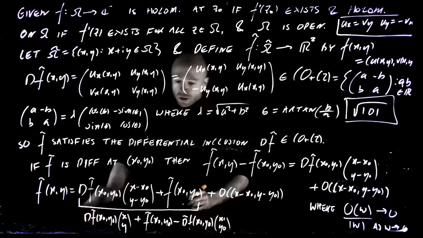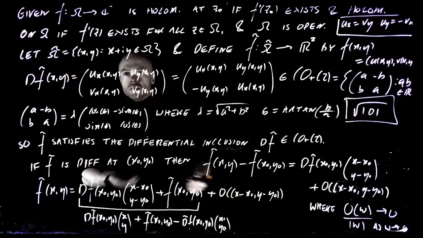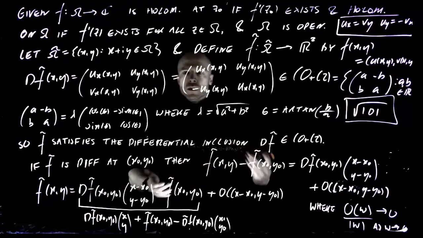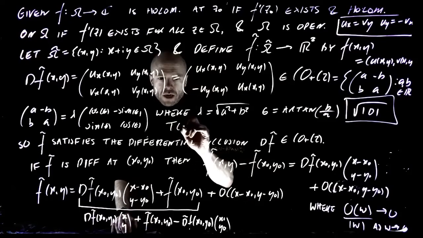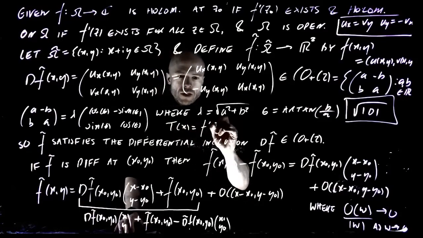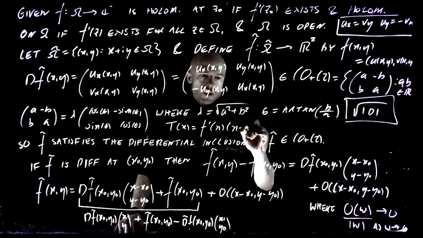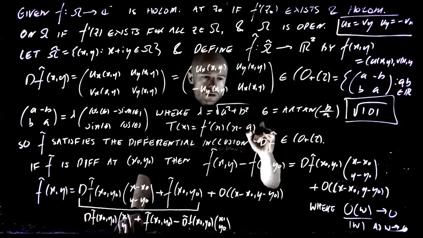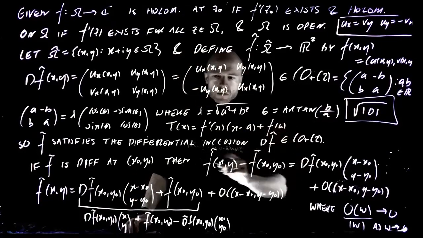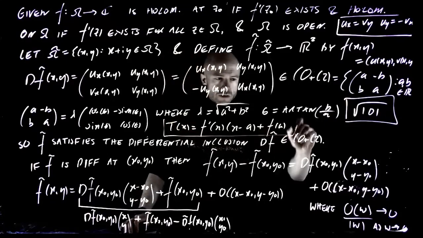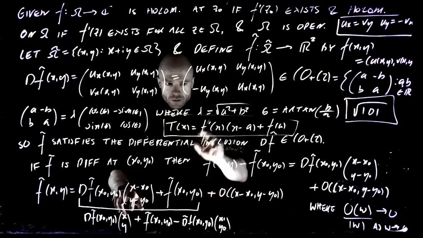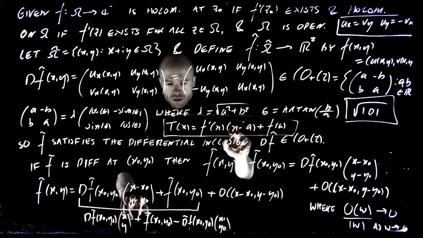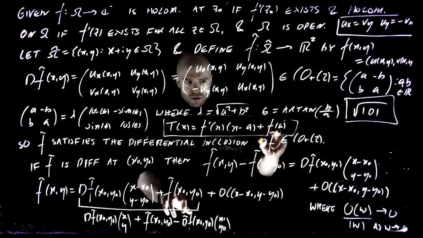Completely analogous to the tangent line in calculus. So in calculus, we have T of x equals f prime of a times x minus a, plus f of a, which is exactly this thing right here.